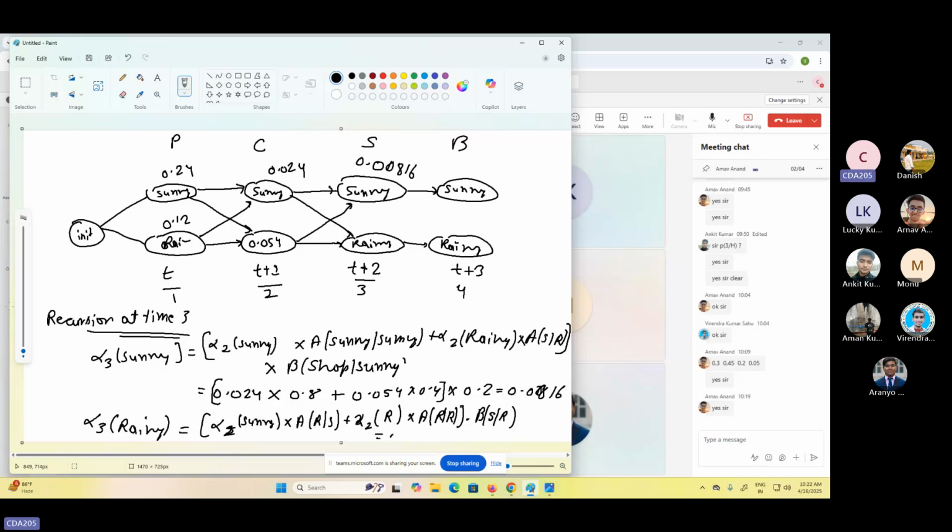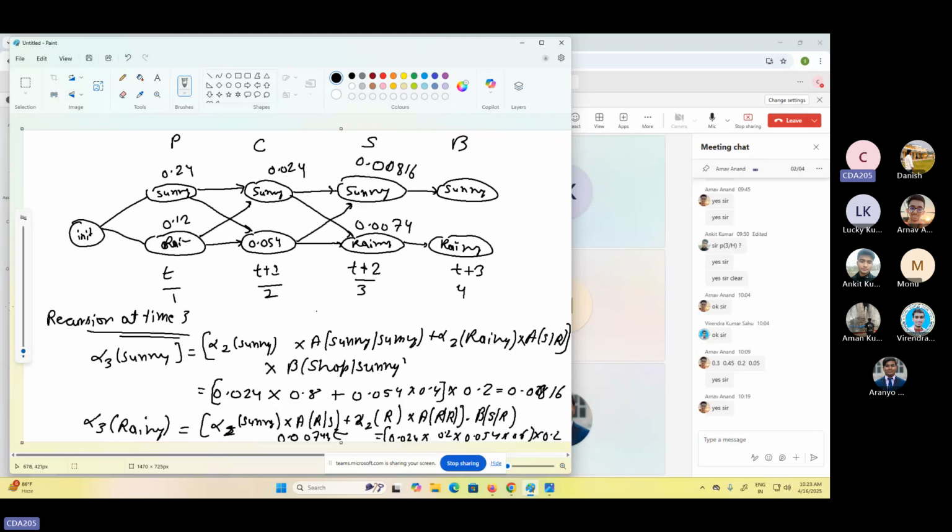So its value will be 0.024 into 0.2 into 0.054 into 0.6 into 0.2, and its value will be 0.00744. So its value will be 0.0074.